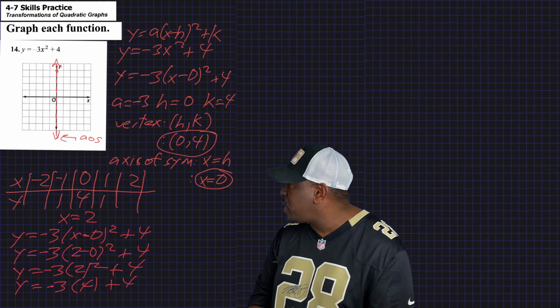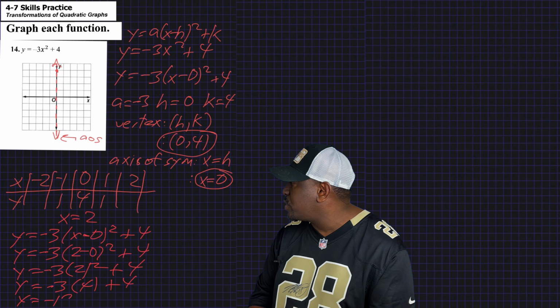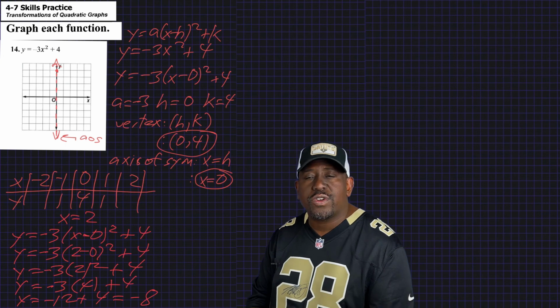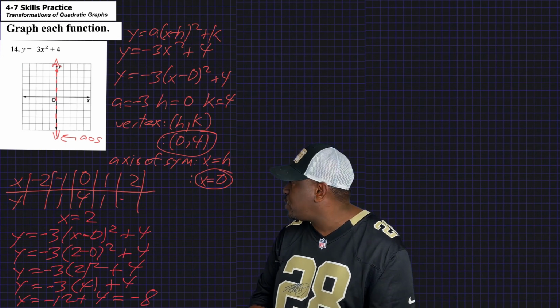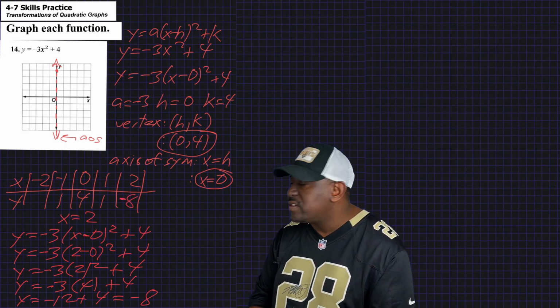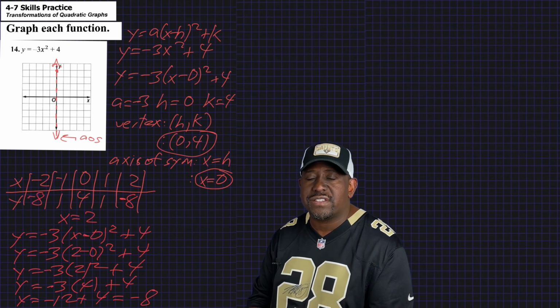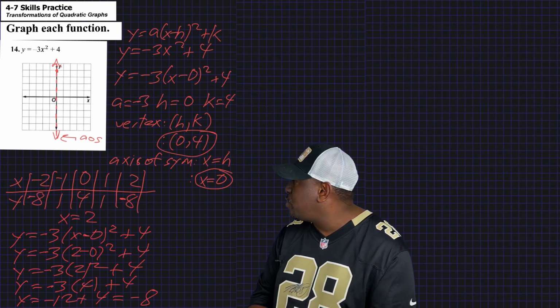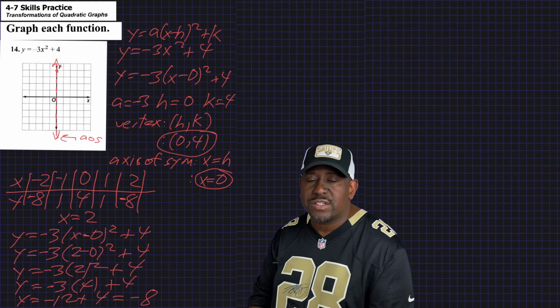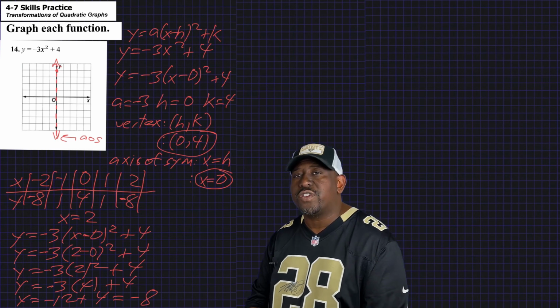You do not multiply before you do exponents, so we must square 2. 2 squared is 4, that will give us negative 3 times 4 plus 4. Negative 3 times 4 is negative 12. Negative 12 plus 4 is negative 8. And so our y value when x is 2 will be negative 8. And when x is equal to negative 2, y is also negative 8.